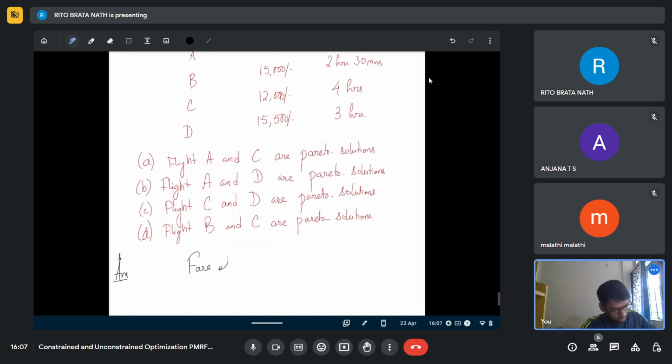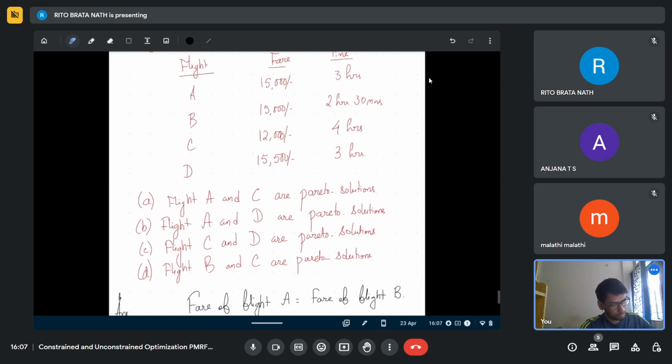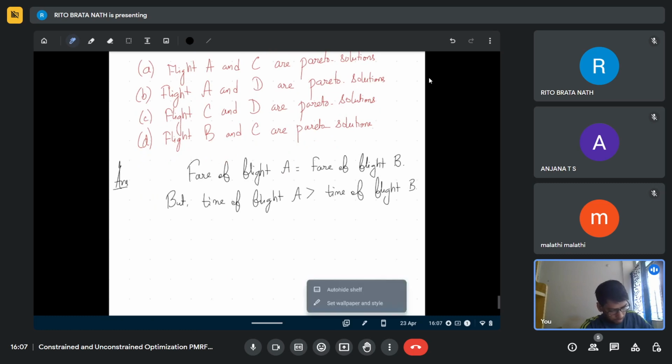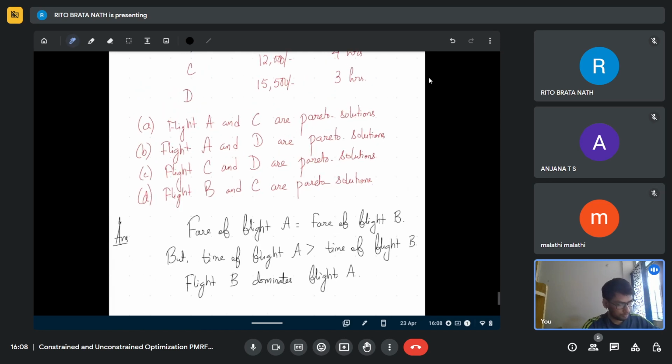So fare of flight A equals fare of flight B. But time of flight A is greater than time of flight B. So that means flight B dominates flight A, or it is more preferable than flight A. So obviously A won't be in the Pareto solution.